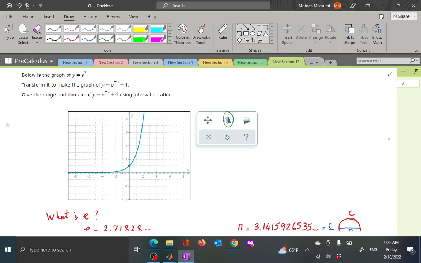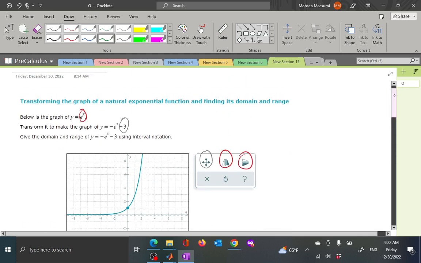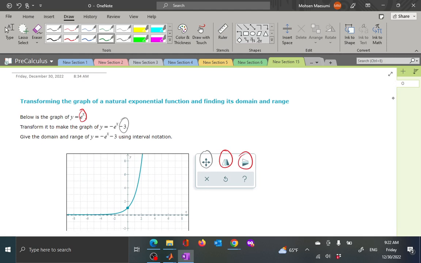Adding or subtracting is going to drag our function up or down by that amount, and then the asymptote also moves up or down by the same. The asymptote of exponential of x by itself is y equal to 0. The new asymptote is going to be according to the number you are adding or subtracting.